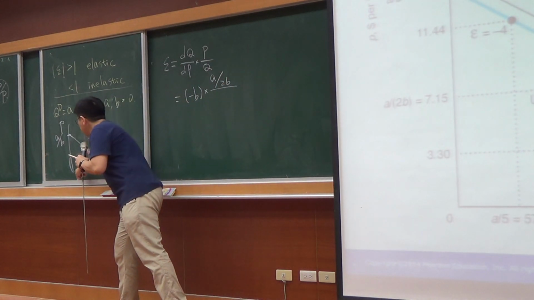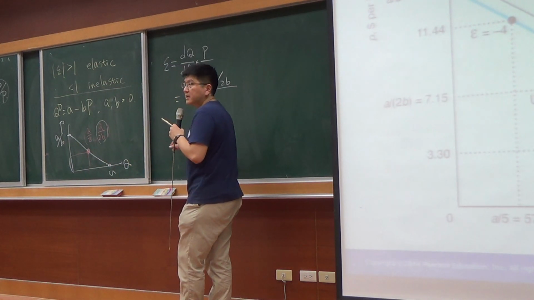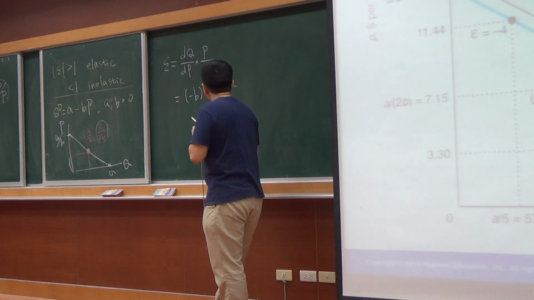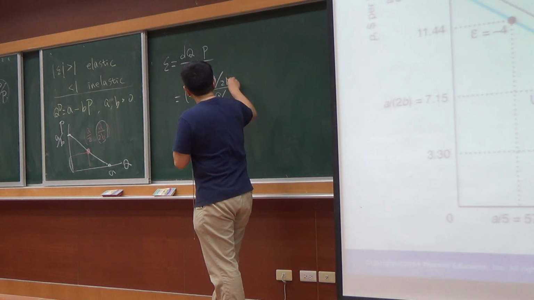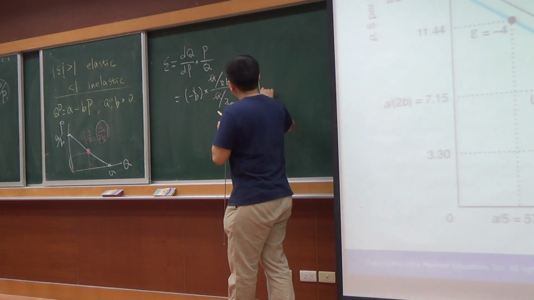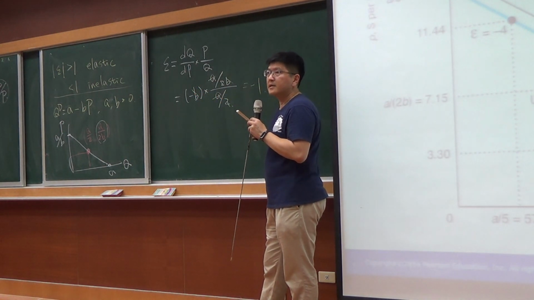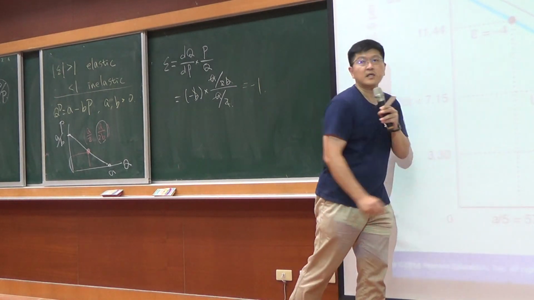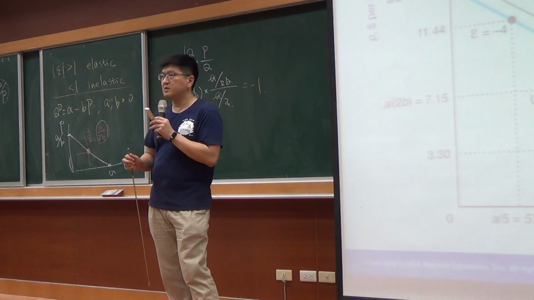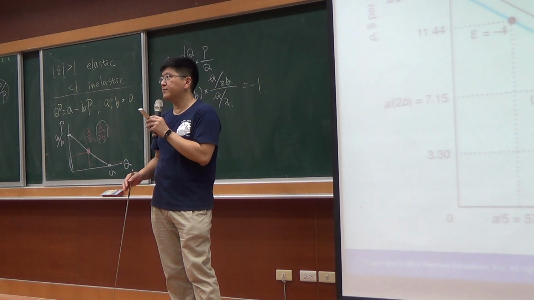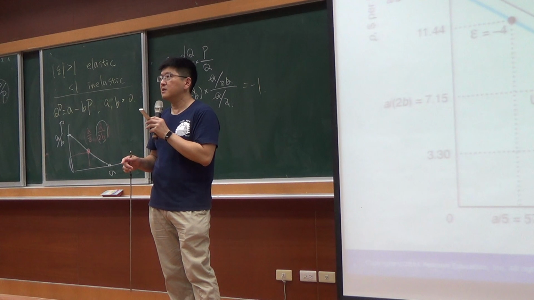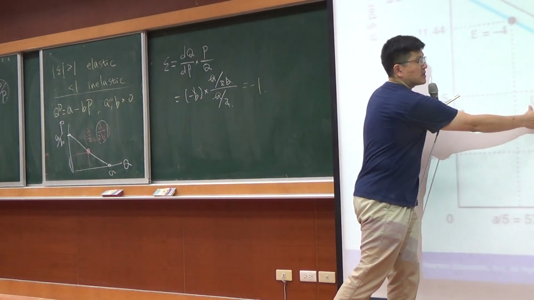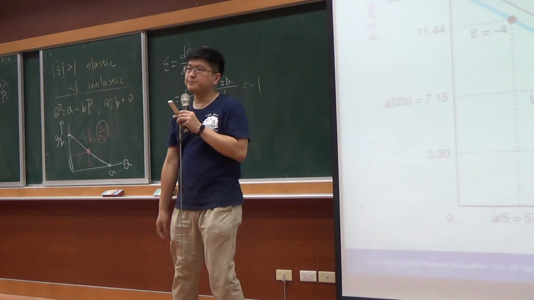And the equilibrium quantity at the midpoint would be A over 2. So here we have a unitary elasticity, which means the absolute value of the elasticity is 1. We call it unitary. Unit means 1, unitary.